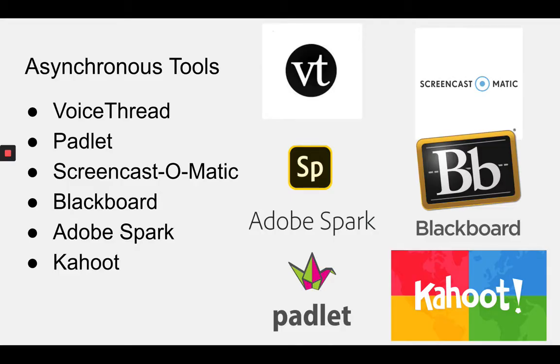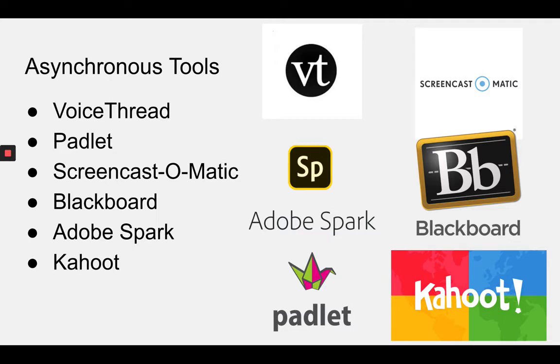Now, here is a list of asynchronous tools, and asynchronous tools will allow you to assign activities to your students so that they can do them at their own self pace. For example, the first one is VoiceThread, and VoiceThread was purchased by FIT, so that is covered with the Pro account.